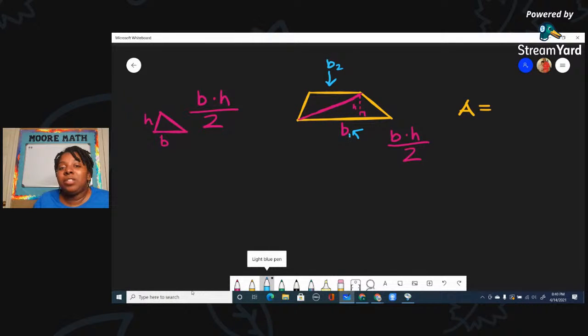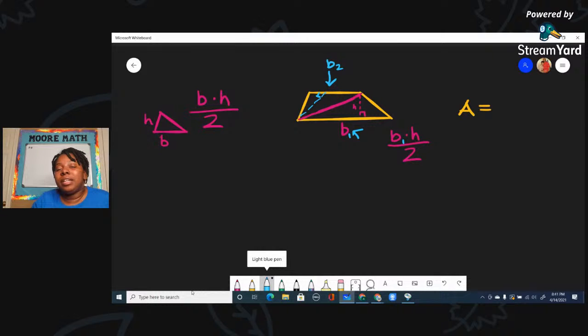This is base 1, and that's base 2. Again, draw in your height. Make sure it is perpendicular to your base. It's hard to draw from this angle, but there is a height that's perpendicular. Let's say it's right here. I'm just not drawing this the best.